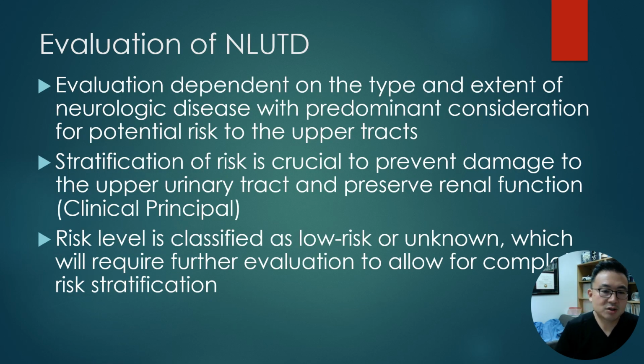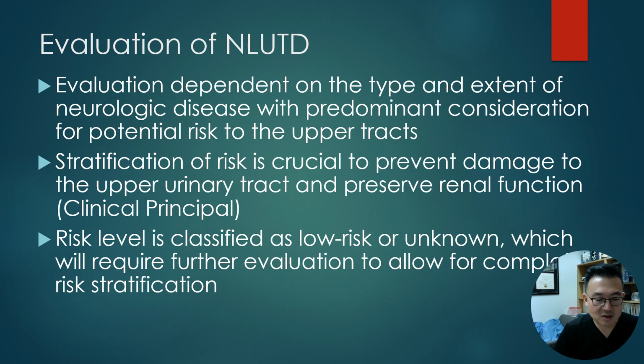So evaluation for neurologic lower urinary tract dysfunction really is dependent on the type and extent of neurologic disease with predominant consideration of potential risk to the upper tracts. Basically, what it means is we want to prevent damage to the upper urinary tract and preserve renal function.